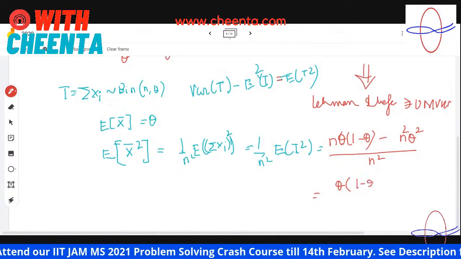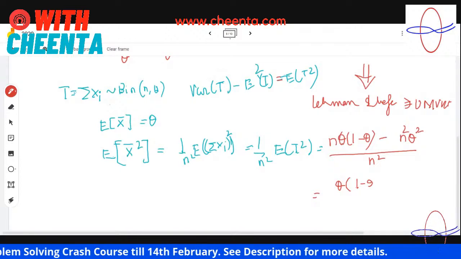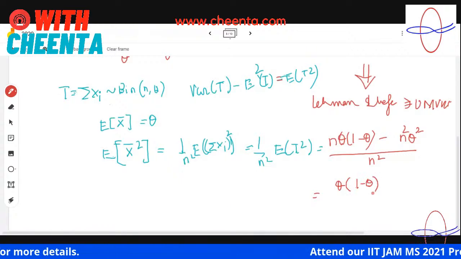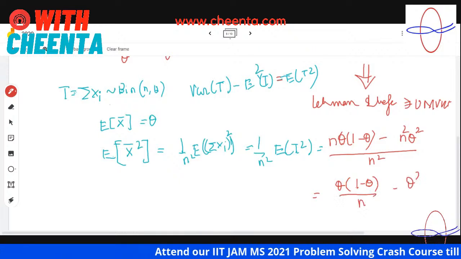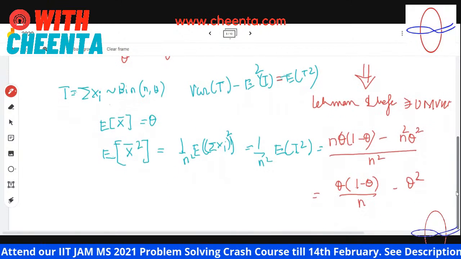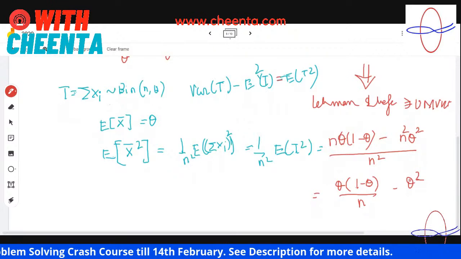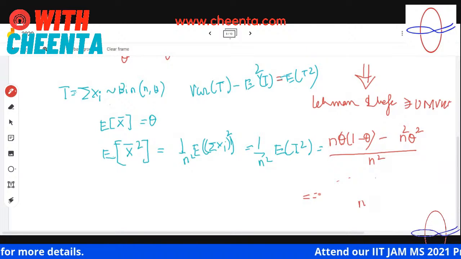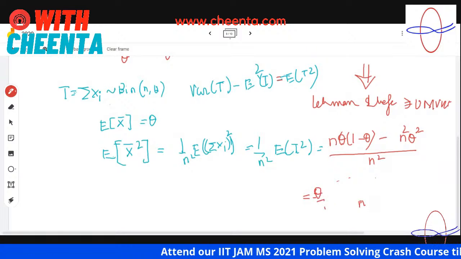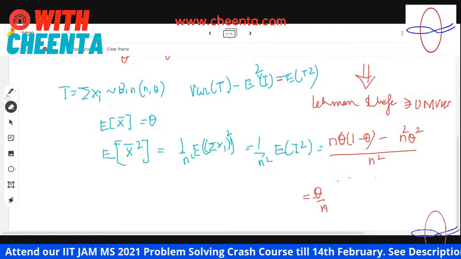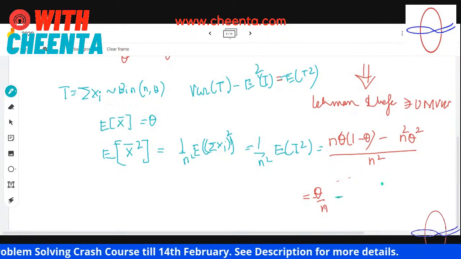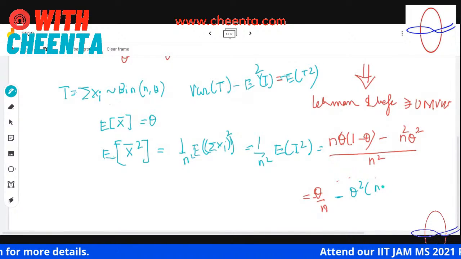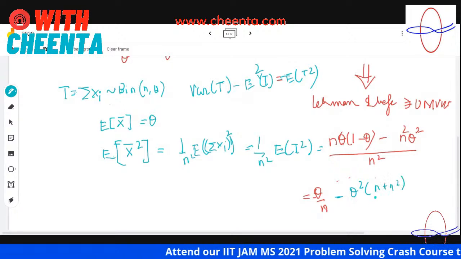Theta into (1 minus theta) by n plus theta square, which is theta by n minus theta square by n plus n square theta square by n square.